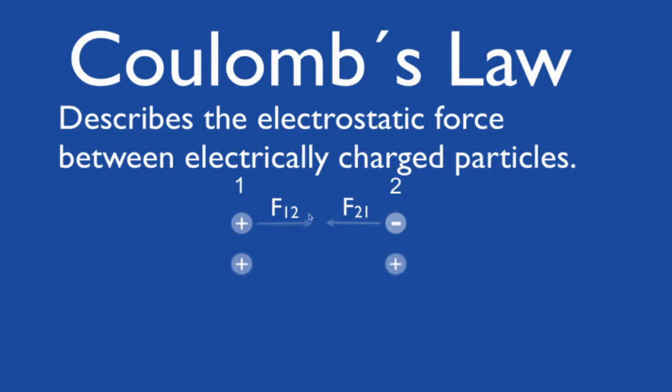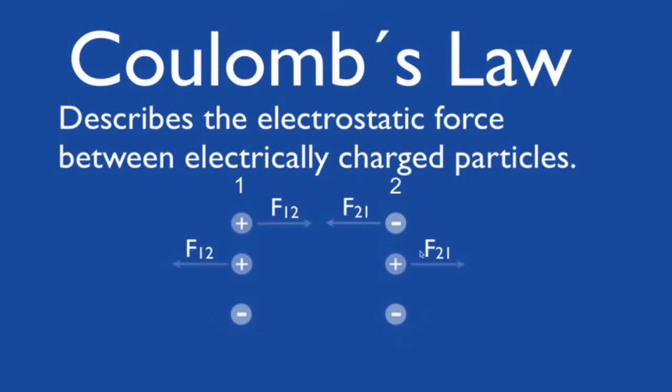All right, we could also have two positively charged particles, and those two positively charged particles would repel each other. This vector represents the force on number 1 from number 2, and this one the force on number 2 from number 1.